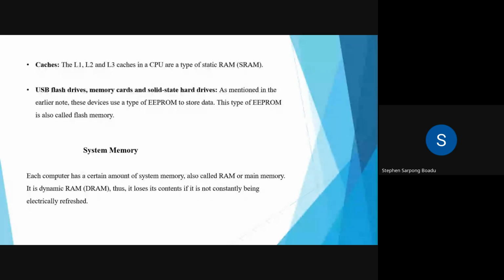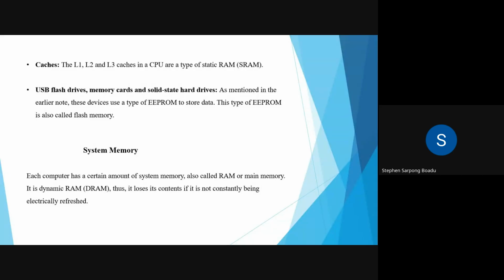And then you move on to flash memory. Okay, so it says USB flash drives, memory cards, and solid state drives. As mentioned in the earlier note, these devices use a type of EEPROM, electronically erasable memory, which we'll talk about later. So this type is also called flash memory, right? This type of memory is non-volatile.